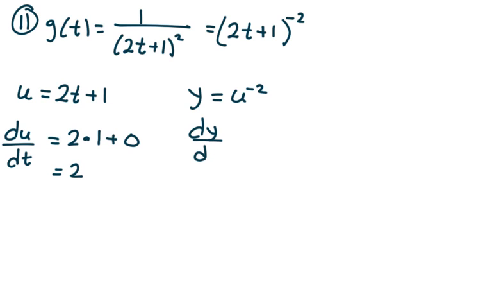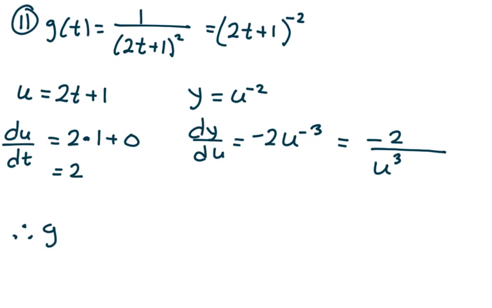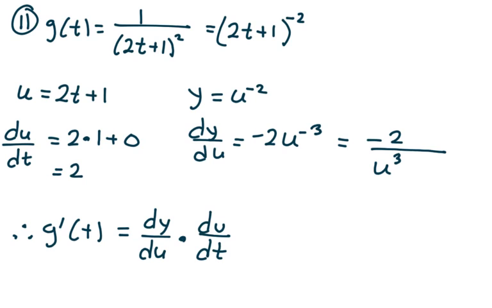dy/du is negative 2u to the negative 3. But I want to get rid of my negative exponents. So if you don't mind, I'm going to write this as negative 2 divided by u to the third. Therefore, g prime of t, so when I take its derivative, I get dy/du times du/dt.